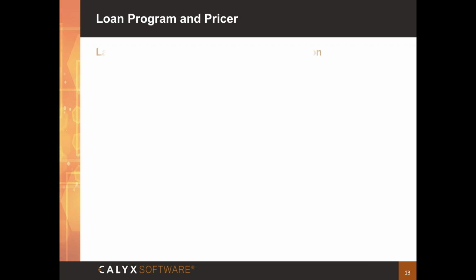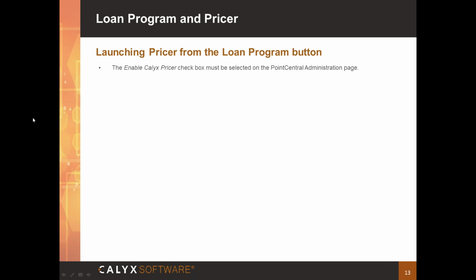Loan program and pricer. Launching pricer from the loan program button. We went over the actual clicking the button and so forth, but to enable the Calyx pricer checkbox, it must be selected in the PointCentral administration page.